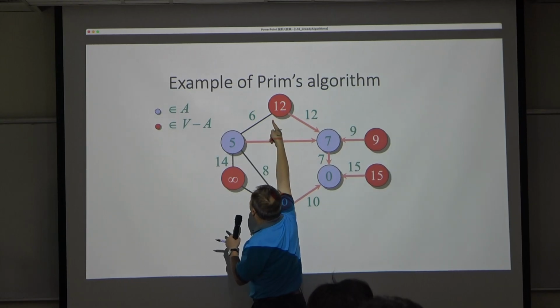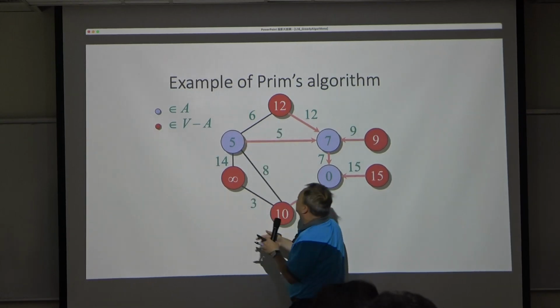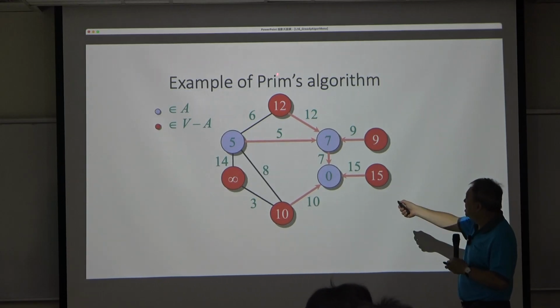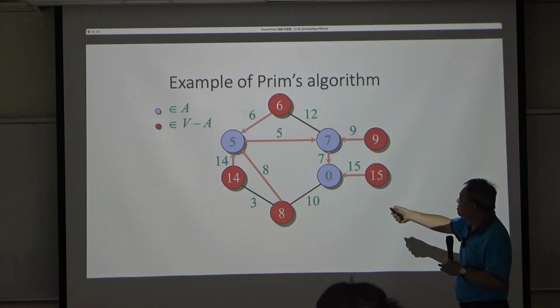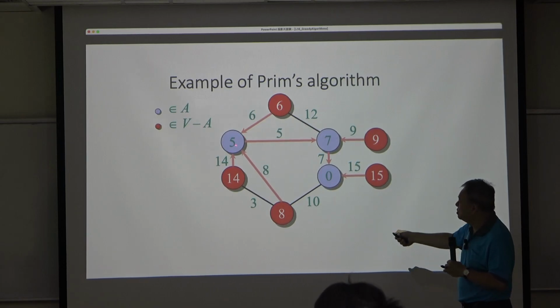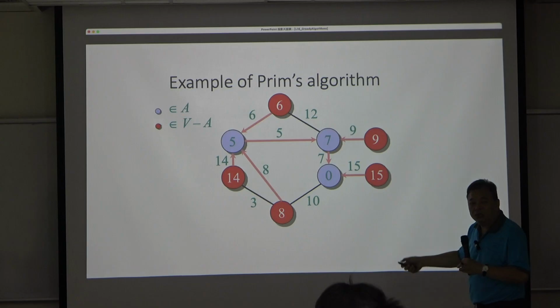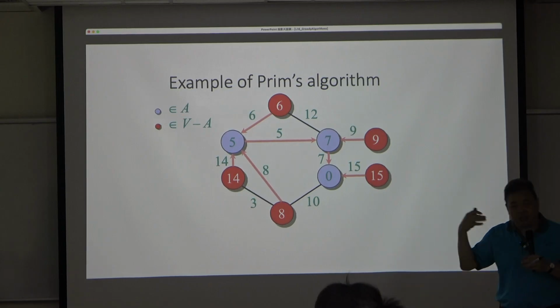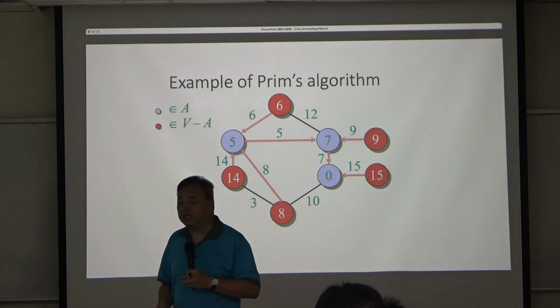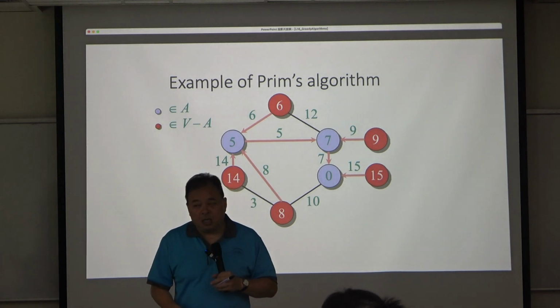At the same time, you make 5 the parent of that node. Originally it's pointing to here, so now it's pointing to there, and so on. So that's it. You can check out the rest of the steps by yourself.